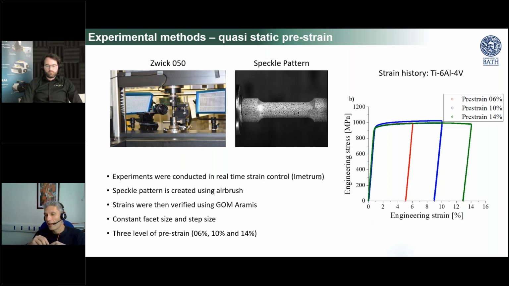Afterwards, we also verified the strains with other DSE methods. And we applied these 3 levels to precondition, preload, predeform the samples and assess what the effect of strain history and, as a consequence, of adiabatic heating is on the triaxiality of the sample.